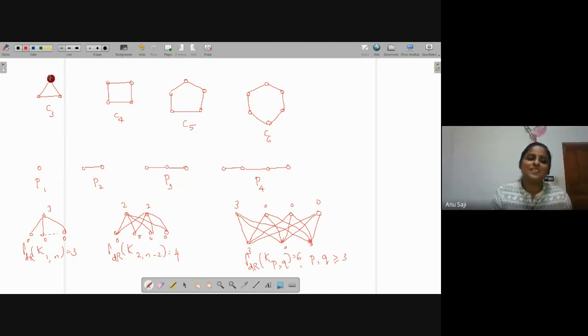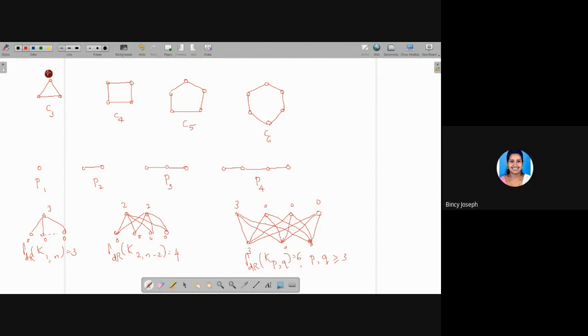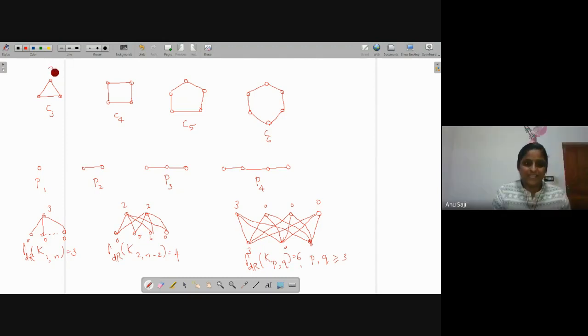It has a universal vertex, isn't it? Okay, we can give 3, then 0 to all other vertices, so that gamma dr is equal to 3.